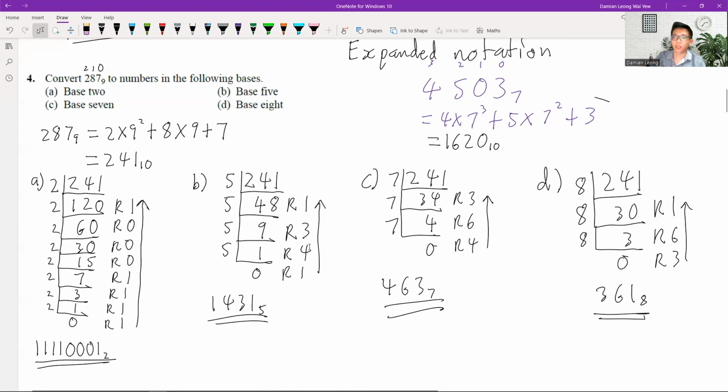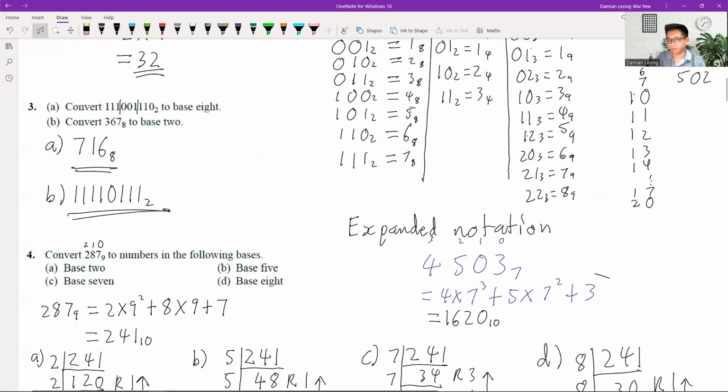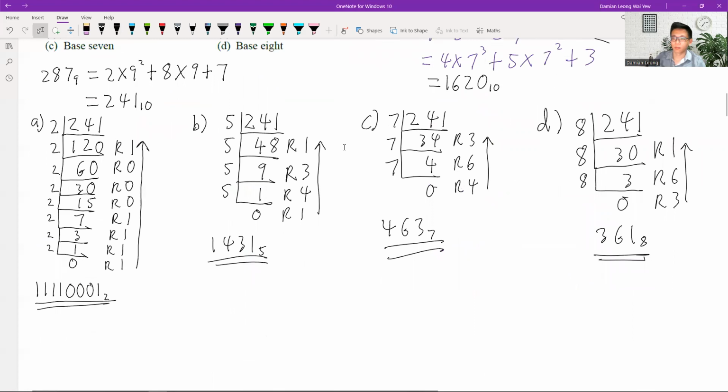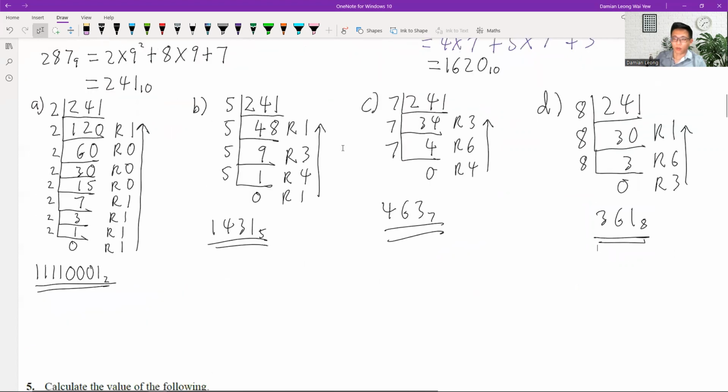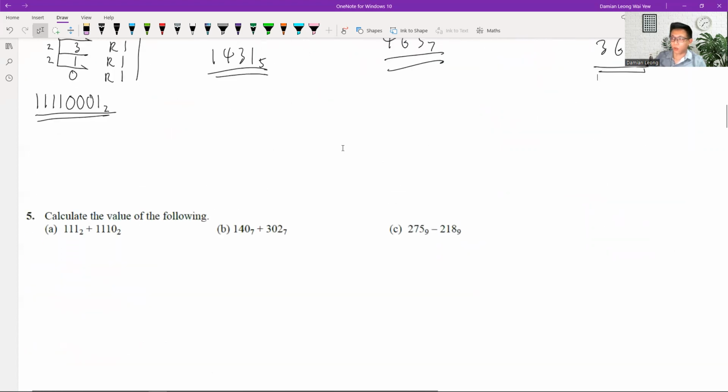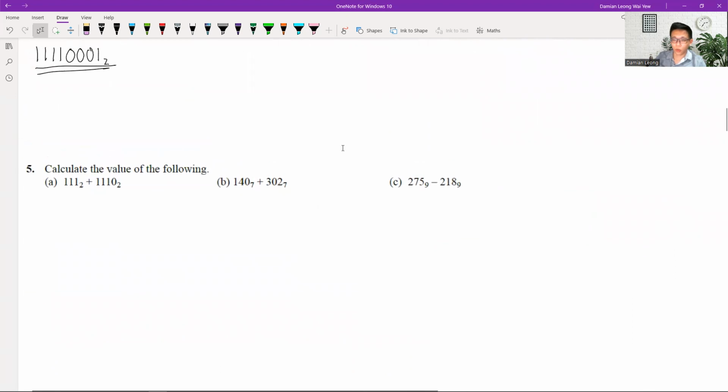All right, converting from one base to another base without the special relations here. Now that you know how to do that, let's also learn how to calculate in different bases. So how do we count in different bases?